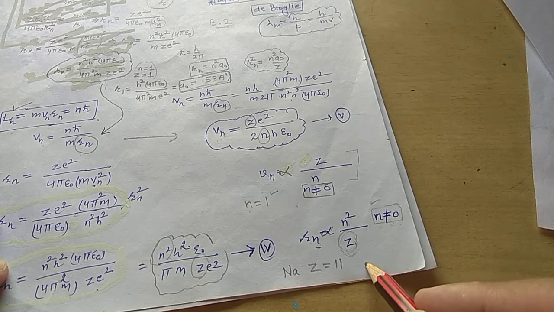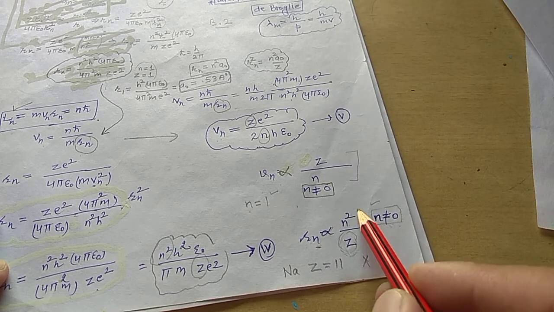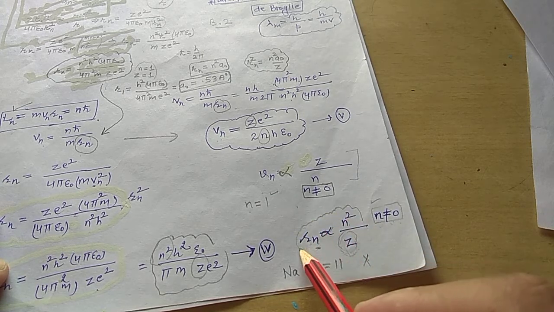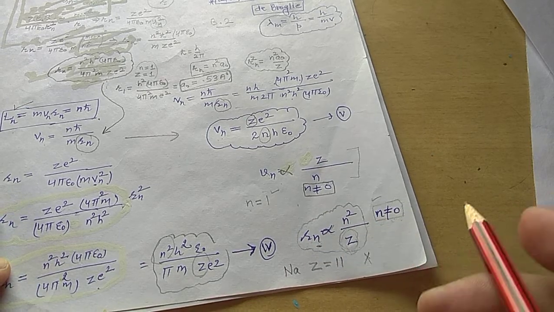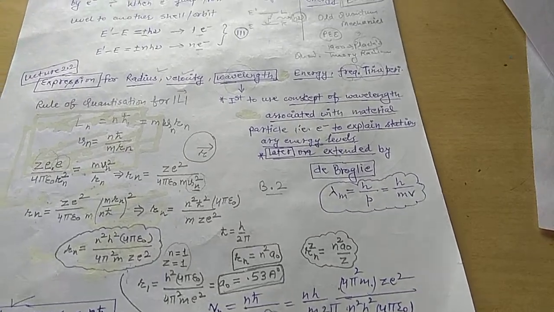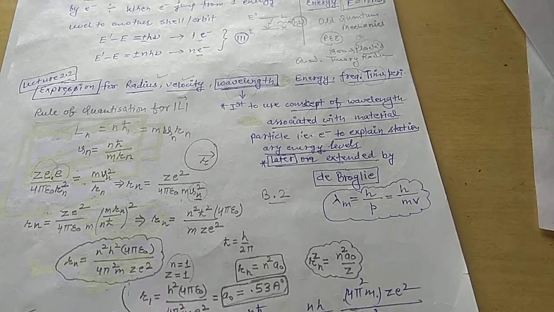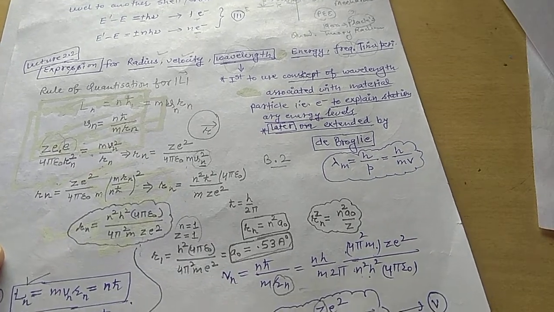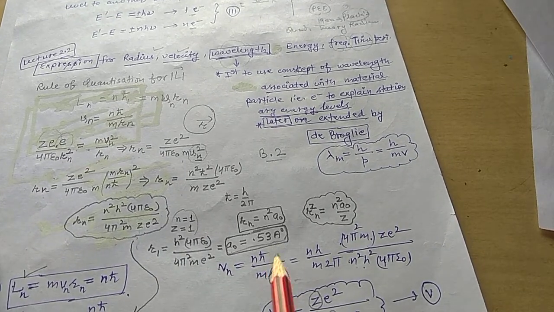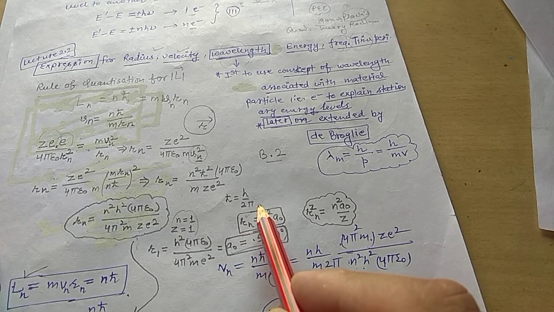So this is one of the limitations of the Bohr theory, and it fits only the hydrogen atom. More details we will discuss in the last lecture of the series regarding Bohr theory. Here we have calculated the first Bohr radius and the radius for the higher orbits.